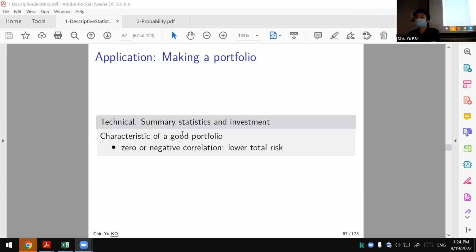Because the CPF already invests locally, and your job is local, your economic or financial risk is already highly tied to the Hong Kong economy, right? So that's why you want to invest in the US stock.